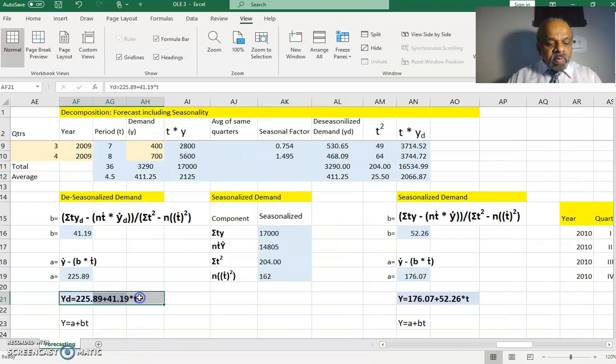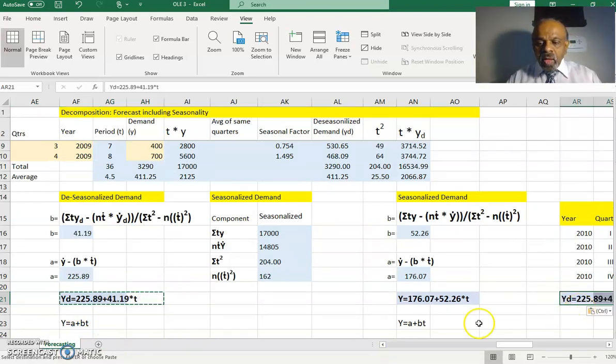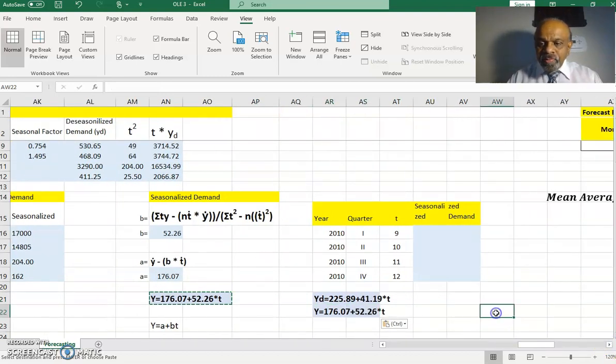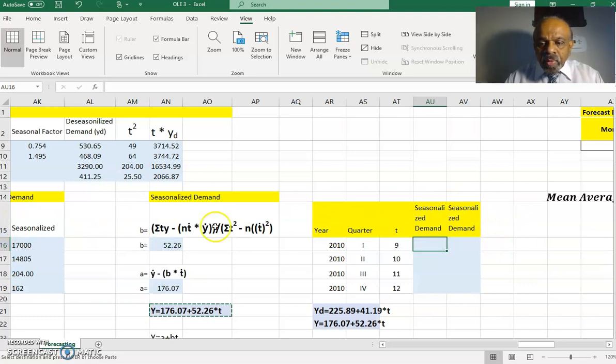I'm going to make it here, and then copy this and make it here so that we can calculate the final answers, for the seasonalized demand and the deseasonalized demand. So let's see which is what.